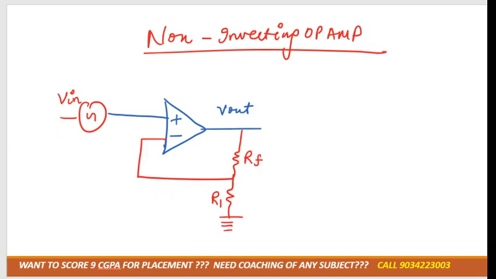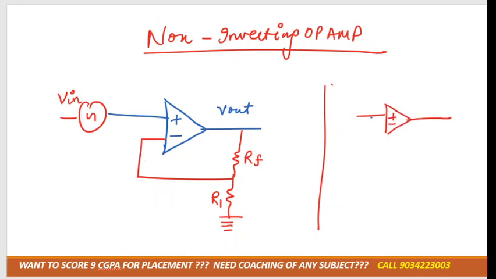Okay, remember how we did it for the inverting amplifier? What was the diagram for the inverting amplifier? I'll tell you. The diagram for the inverting amplifier is like this. We make an op amp, positive, negative.